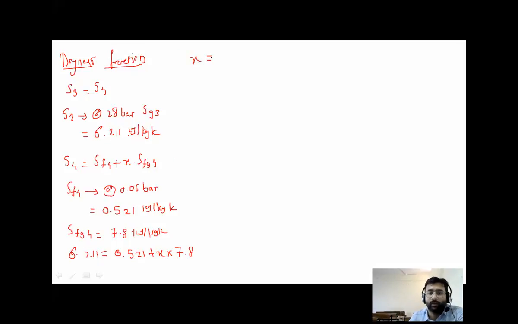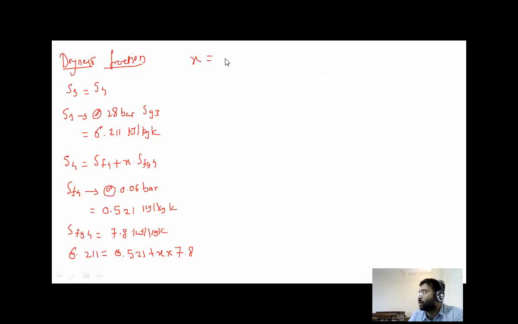Calculate the X value. So those who are in online mode, calculate. Yes, Pranali Gaikwad, 0.72.